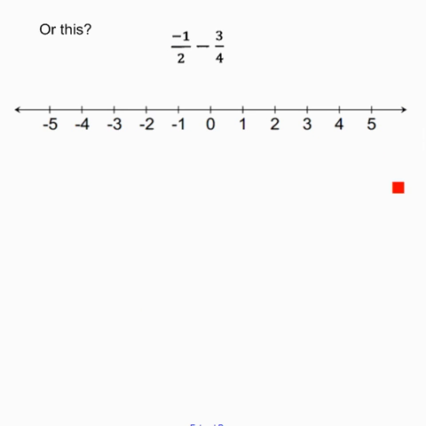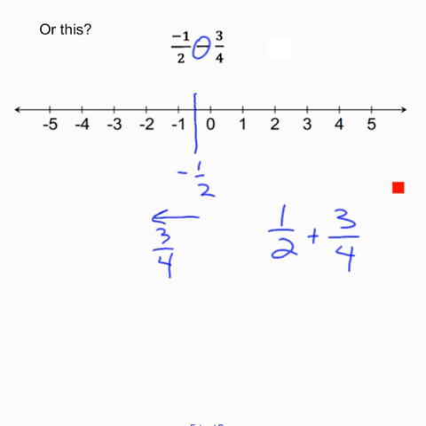And then same thing with fractions. If I'm starting at -1/2, just study the number line enough so that you know where -1/2 would be. And then I'm going in the negative direction 3/4 more. So I'm going to start at -1/2 and go more in the negative direction. That means I've got to think, what's 1/2 plus 3/4?